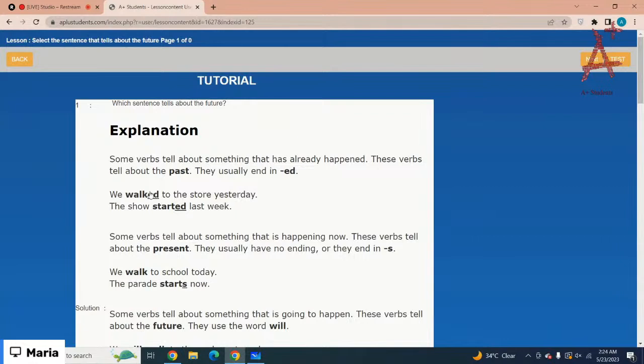So if they end with s or have no ending, that would be the present tense. Some verbs tell about something that is going to happen. These verbs tell about the future. Something that is going to happen is in the future tense, and the sentence uses the word will. So whenever you have will in the sentence, that means the sentence is in the future tense.